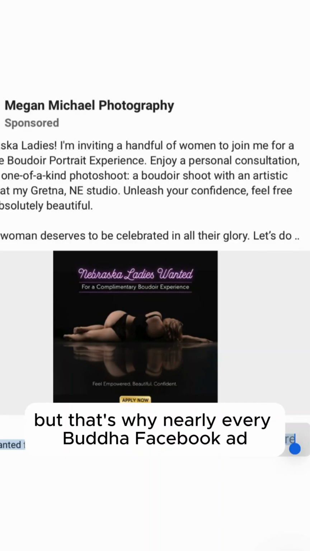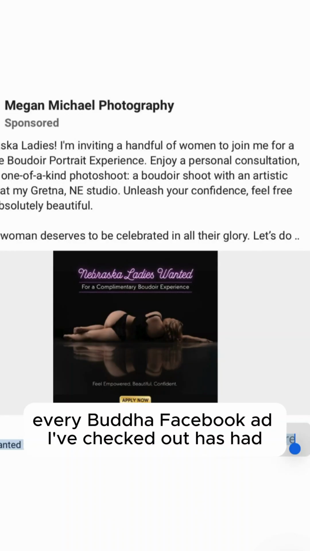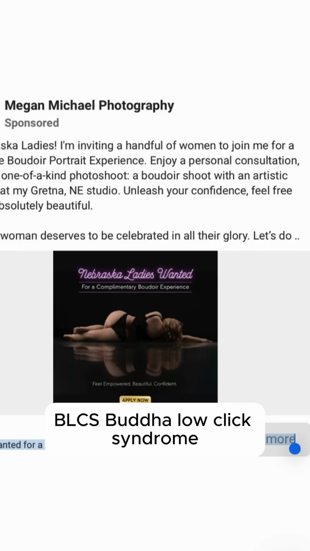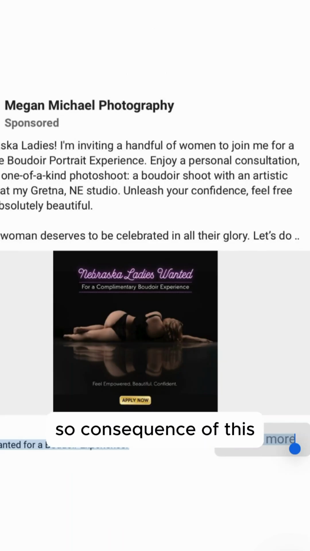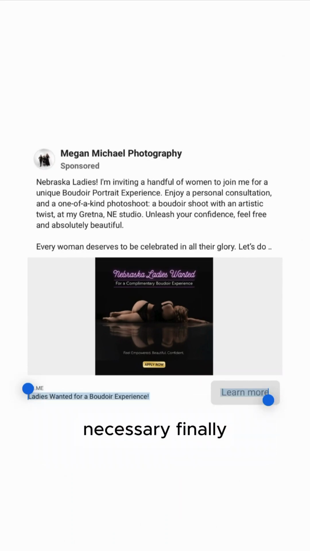But that's why nearly every boudoir Facebook ad, well, actually every one I've checked out has had BLCS, boudoir low click syndrome. So the consequence of this is more women scrolling by our boudoir Facebook ad than necessary.